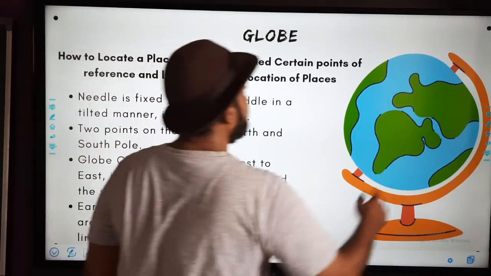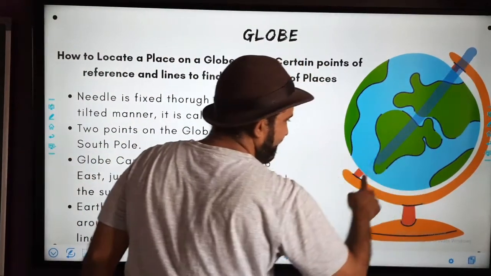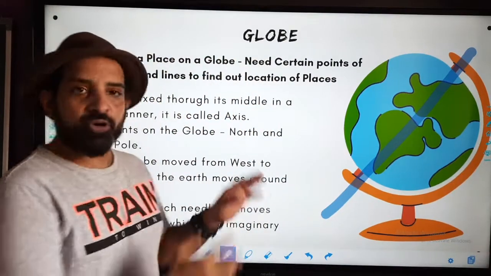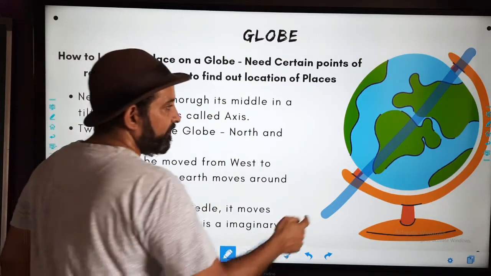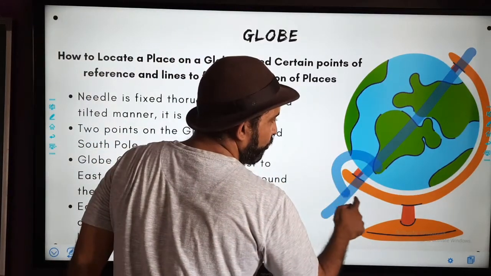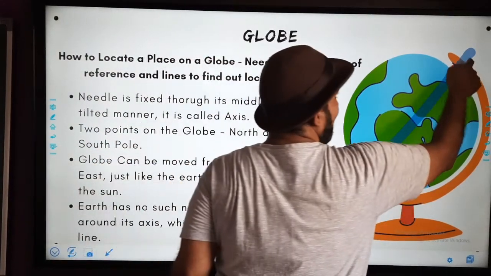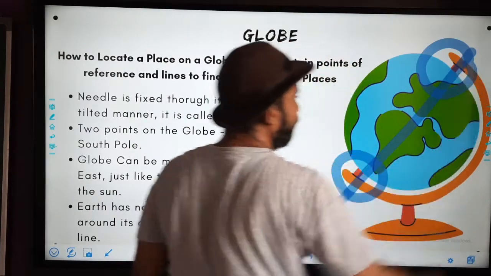So students, this is the axis on which the globe is placed and it is in a tilted position. Let me show you. This is called the South Pole and this is called the North Pole.